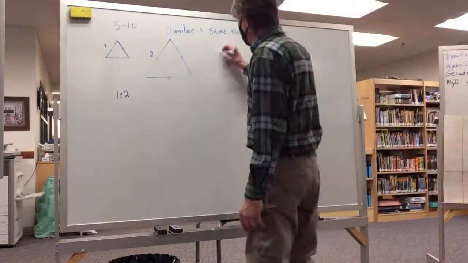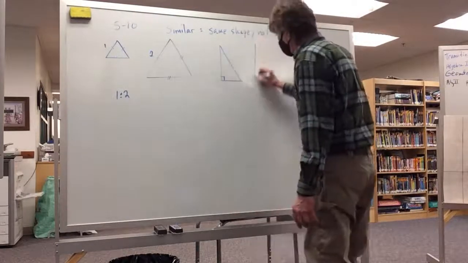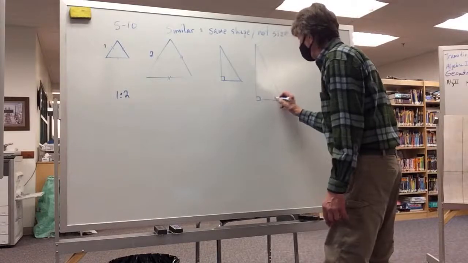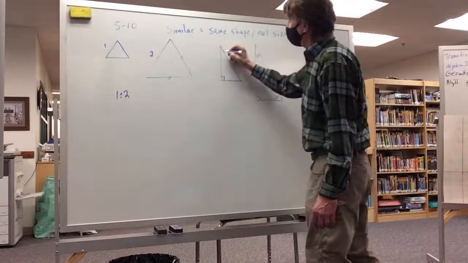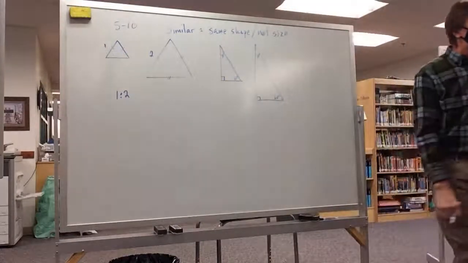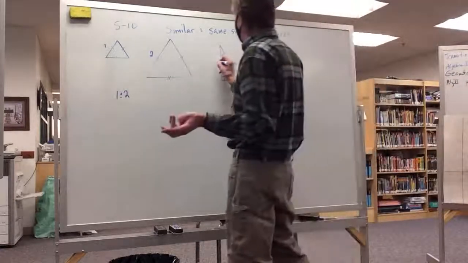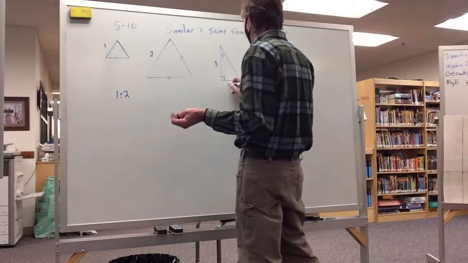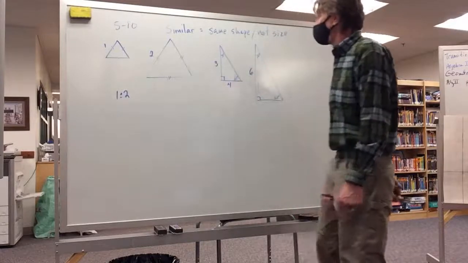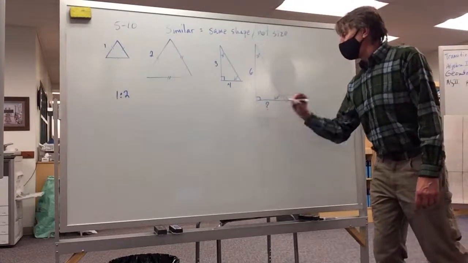So if, for example, I had a right triangle that looks like this, and then I had another one that looked like this, and let's say that's a 60-degree angle, that's a 30-degree angle, those are similar figures because they're the same shape and they have different sides. But let's say that this side length was 3 and this is 4 and this side length was 6. How long is that?